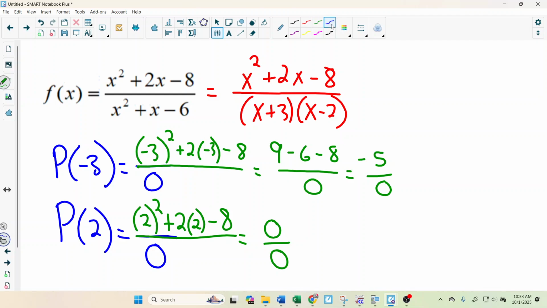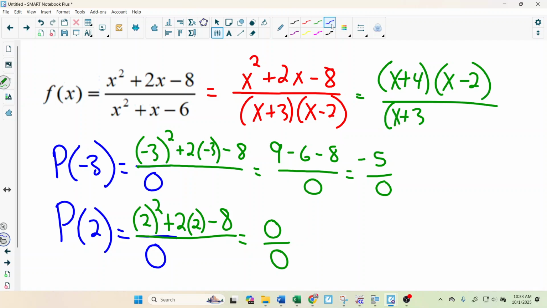So what does that mean? Gotta do more. And what more work would you do? Factor the top. The top factors into x plus 4 times x minus 2, which then can cancel.